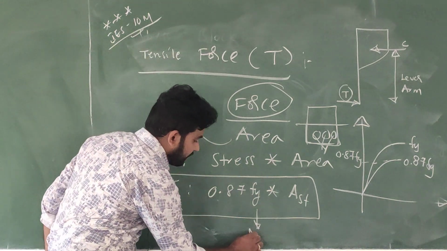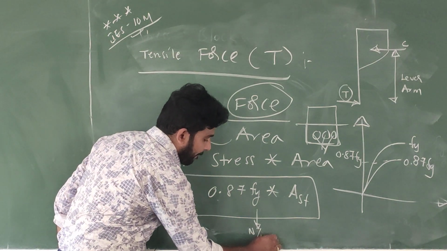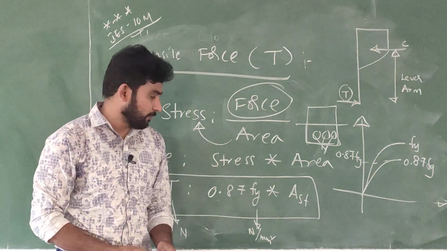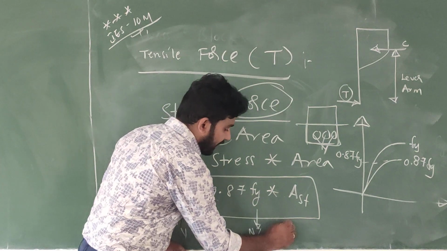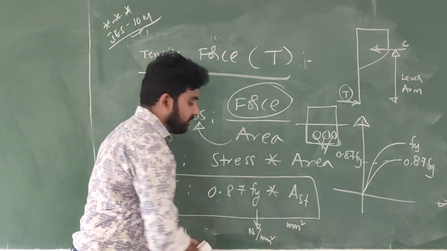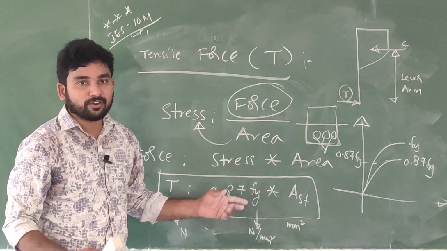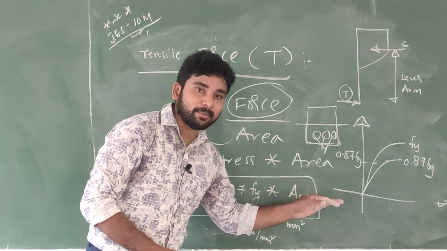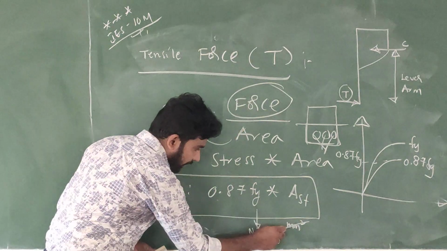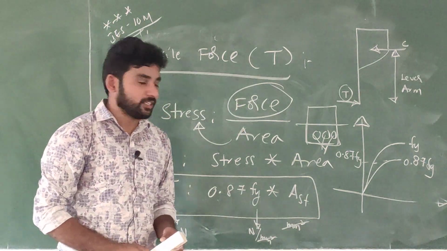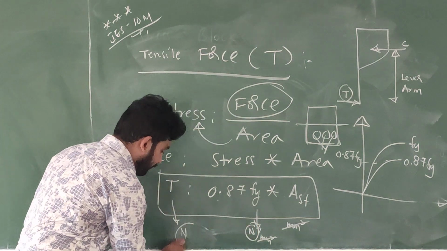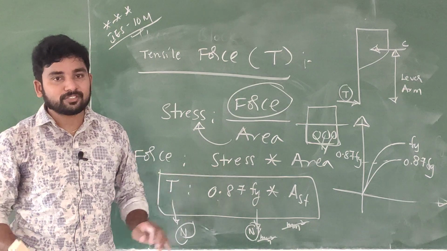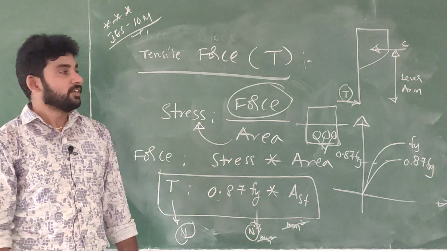Yield strength, Newton per mm square. Strength and stress all have the same unit, Newton per mm square. Area can be mm square, centimeter square or meter square, but here we are considering mm square. Now mm square will cancel. What is remaining? Force, Newton. So like that we will find out the compressive force and tensile force.